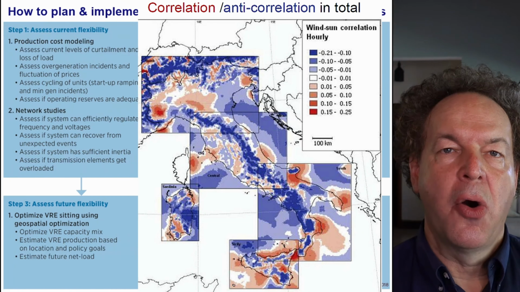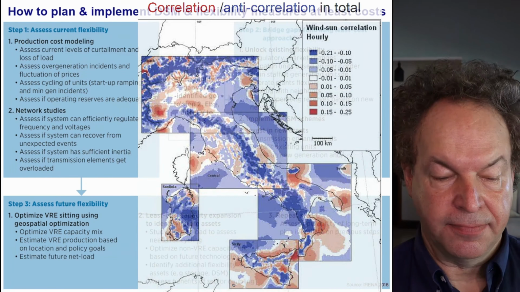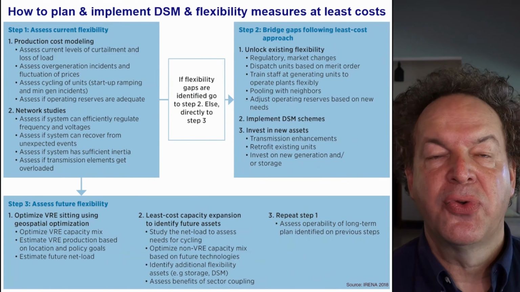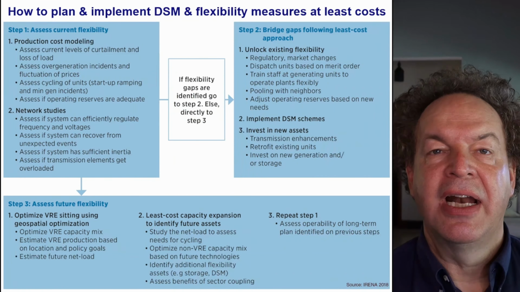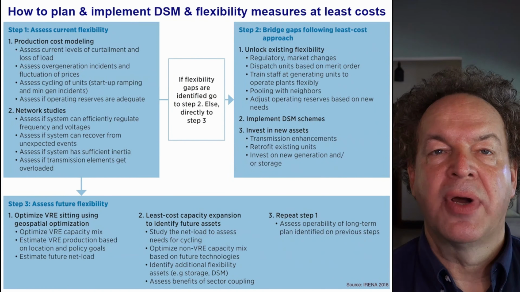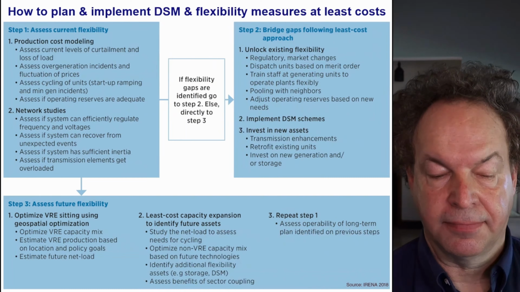This is exactly what we're dealing with here. So we can estimate variable renewable energy production based on location and policy goals. We can also estimate the future net load. For example, we have to think about more electric vehicles coming in and how they influence the flexibility and the grid in general.